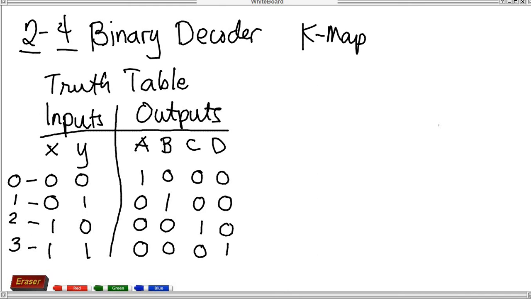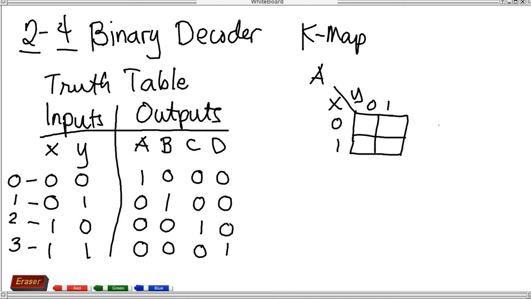But if we use a K-map, say for example for a, you have input x, input y, and you have 0 and 1 here also. If you press 0 0, your a is equivalent to 1, and then 0 1 is 0, 1 0 is 0, and 1 1 is 0.